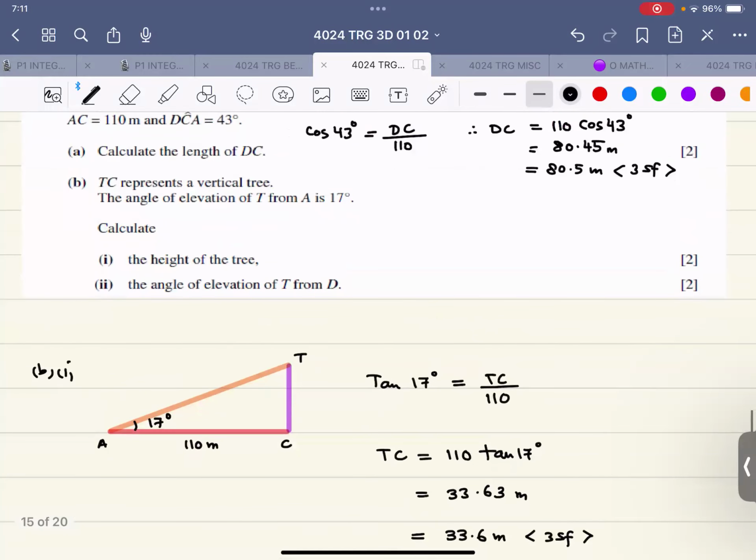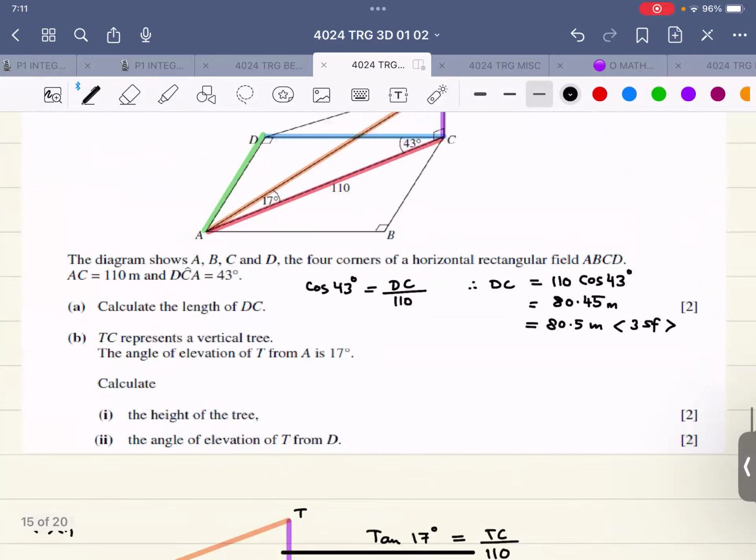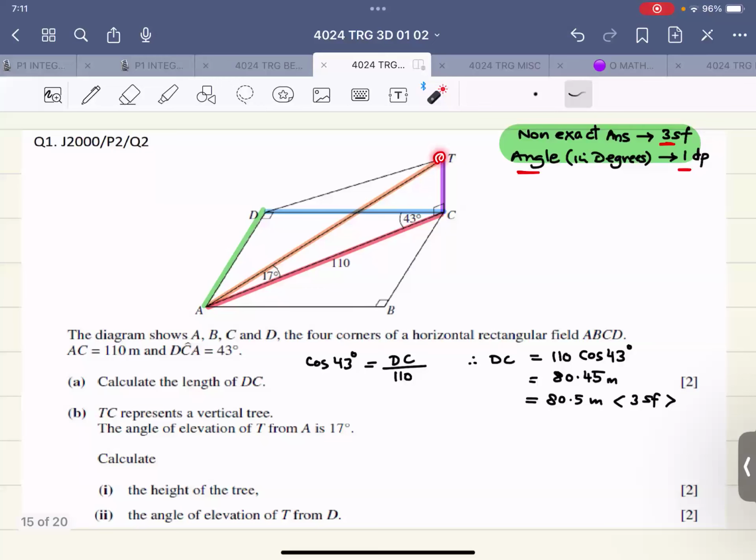And then it's asking for the angle of elevation of T from D. So now I have to use this particular triangle. Let me label this one, and this, and this, and this. So now I have TC, and now I have DC. We will use the unrounded value, and we will find this particular angle theta.